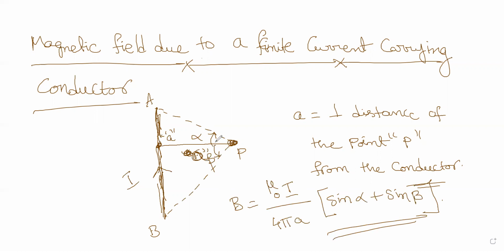Alpha is measured in clockwise for the top one. Top part alpha will come, bottom part beta will come. Alpha is measured this way, beta is measured the other way. Both are not measured in the same way. This is very important. Alpha is measured in clockwise, beta is measured in anti-clockwise, because the measurement of angle is from this horizontal axis. So this is like a negative angle, and this is like a positive angle. Please note.